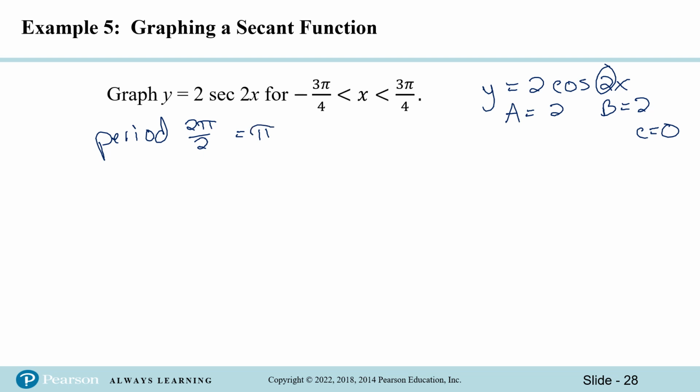We are going to cut that into 4 equal sections. So each section is going to be pi over 4. My first one is going to be 0, pi over 4, add another pi over 4, gives me pi over 2, another pi over 4, another pi over 4. So we're going to evaluate for those x values.